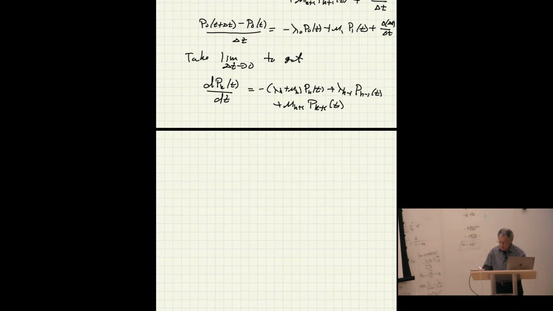And the last term is missing, o of delta t over delta t goes to 0. This is for k greater than or equal to 1. And for the 0 term, we get the derivative dp0 of t over dt equals minus lambda 0 p0 of t plus mu 1 p1 of t. And that's for the case k equals 0.